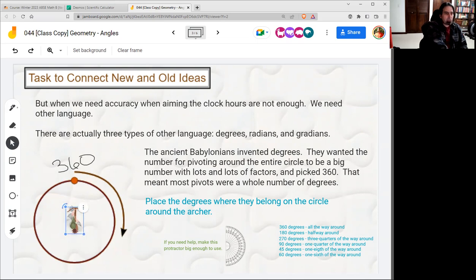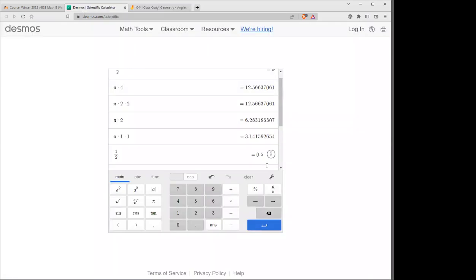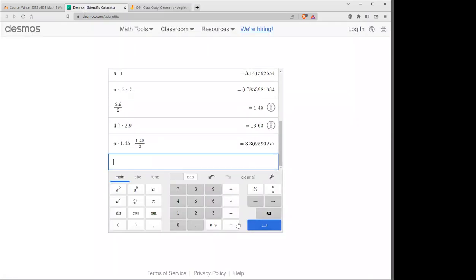So I'm going to take my archer. If I spun them all the way, that's 360. If I spin them halfway, what's half of 360? If you need to, do it on a calculator. 180.